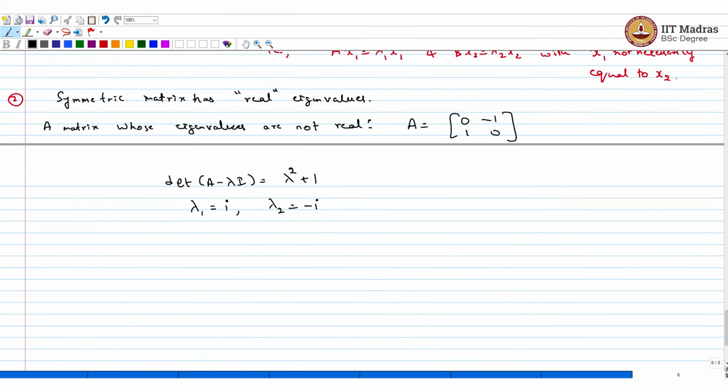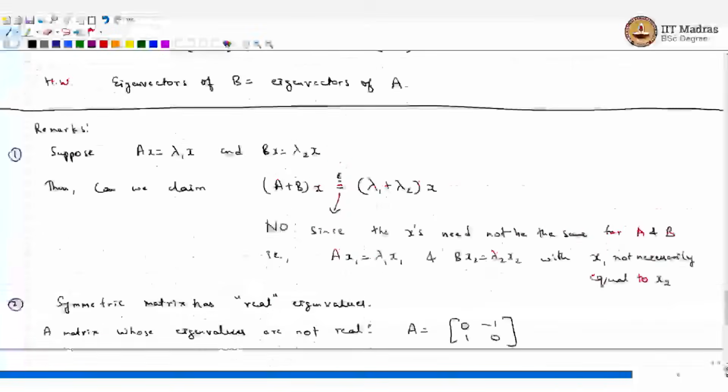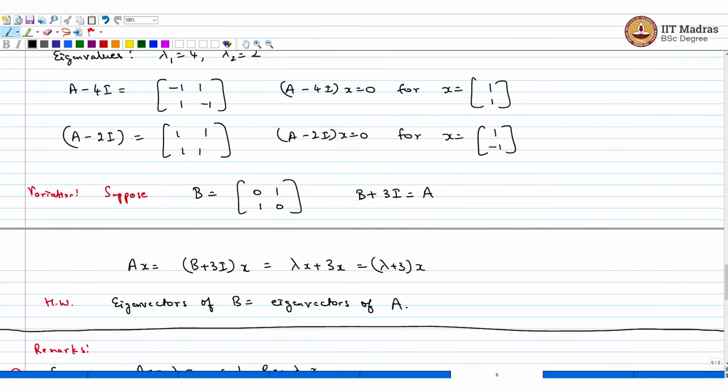Also, in the earlier example, we got two eigenvectors, and these eigenvectors were linearly independent. Now, this also may not always happen.